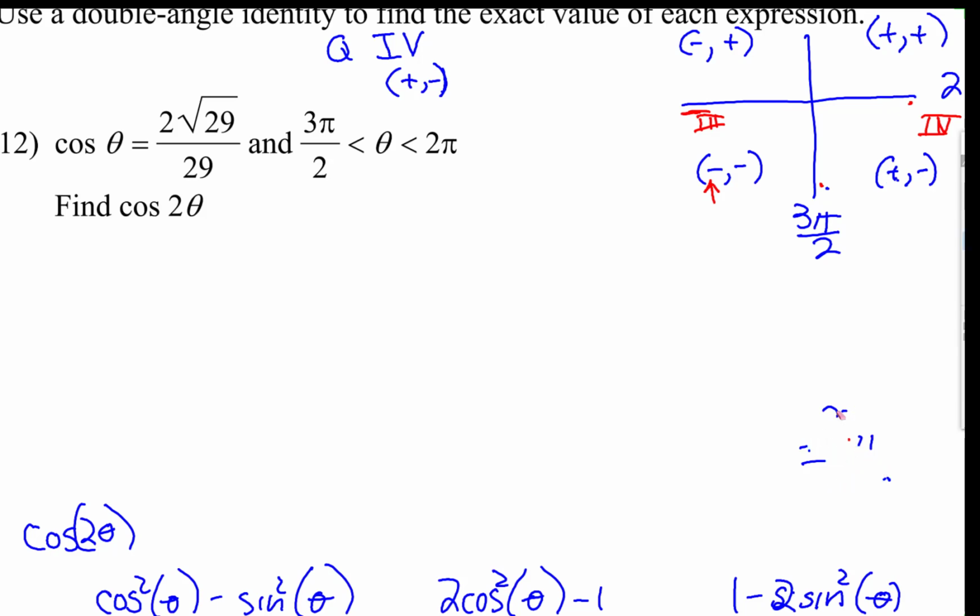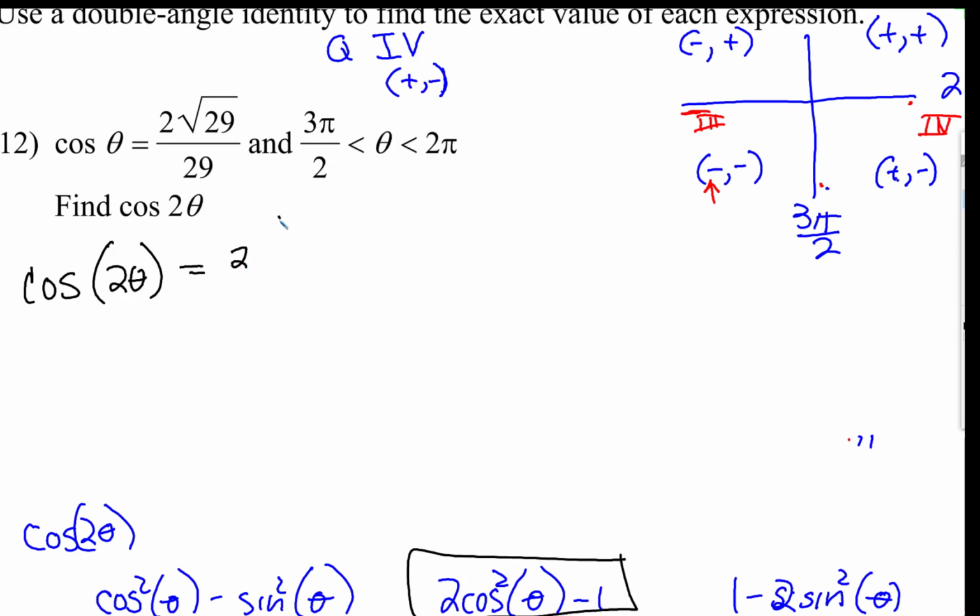So let me go ahead and erase this right here, and let's see what we can do. I'm going to change the color. So cosine of 2 theta, that's got to be in parentheses. I'm going to use this identity again because they give us cosine theta. So it's 2 times 2 root 29 over 29 squared, subtract 1.